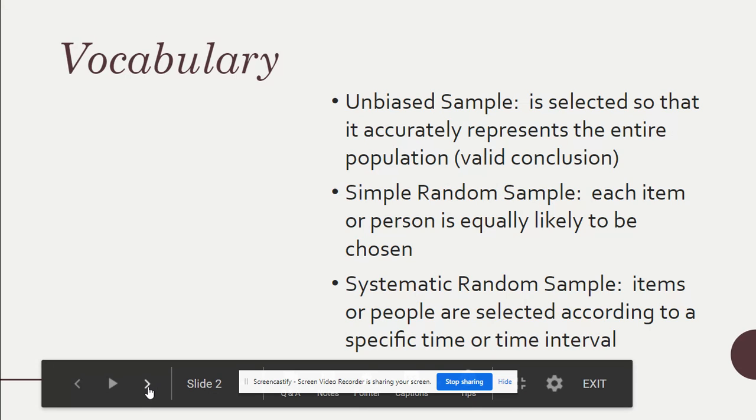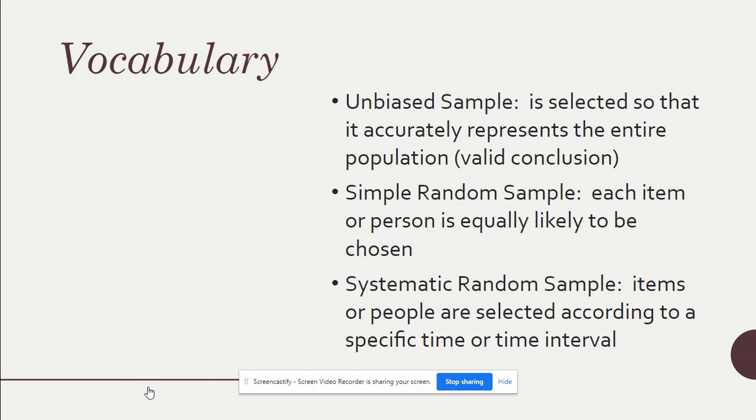All right. So an unbiased sample, I already kind of talked about biased a little bit. If it's unbiased, it's selected so that it accurately represents the entire population, especially when things are very random in who is picked to be surveyed.